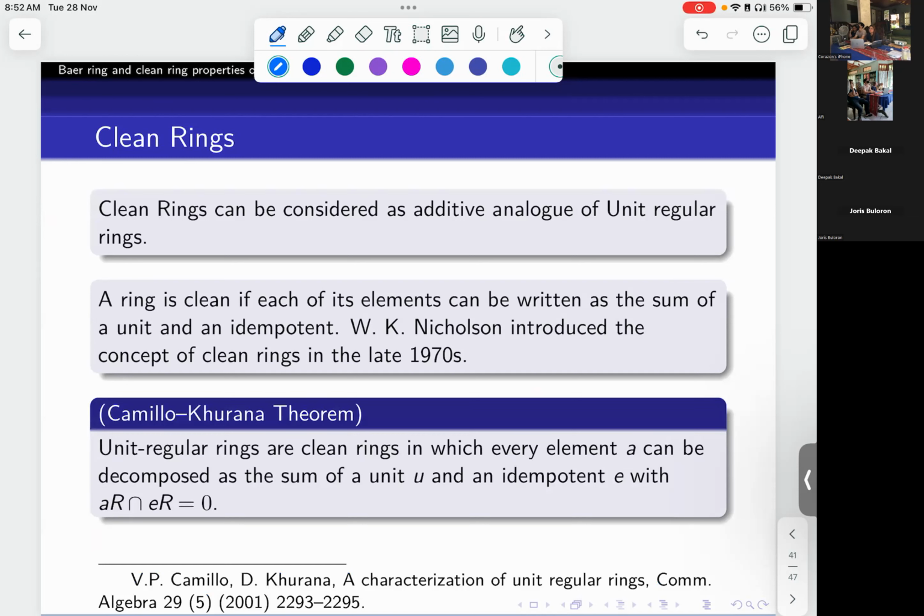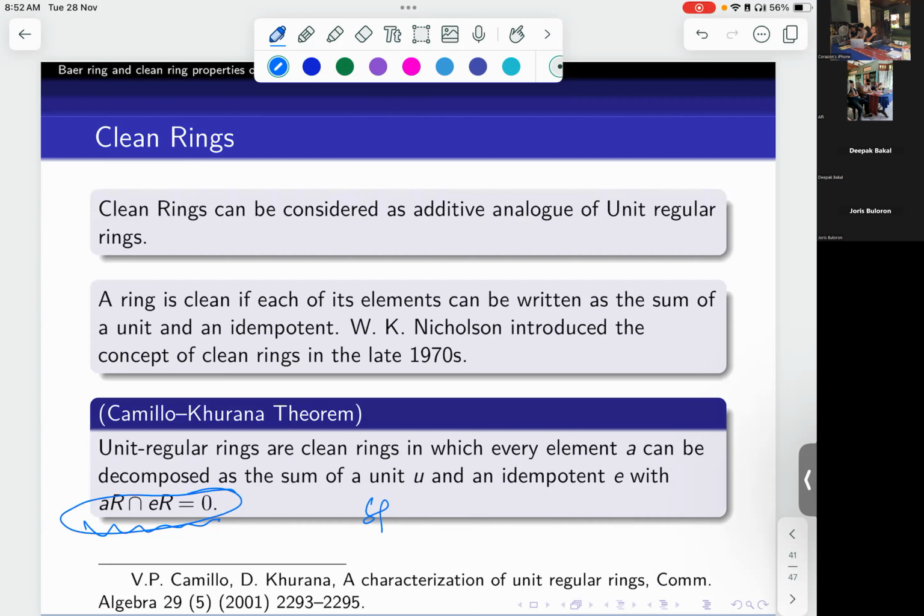We had seen that clean rings emerged as an additive analog of unit regular rings, and there is a celebrated theorem called the Camillo-Khurana theorem, which says that unit regular rings are clean rings in which an element can be decomposed as a sum of unit plus idempotent such that an additional condition holds: AR intersection ER equals 0.